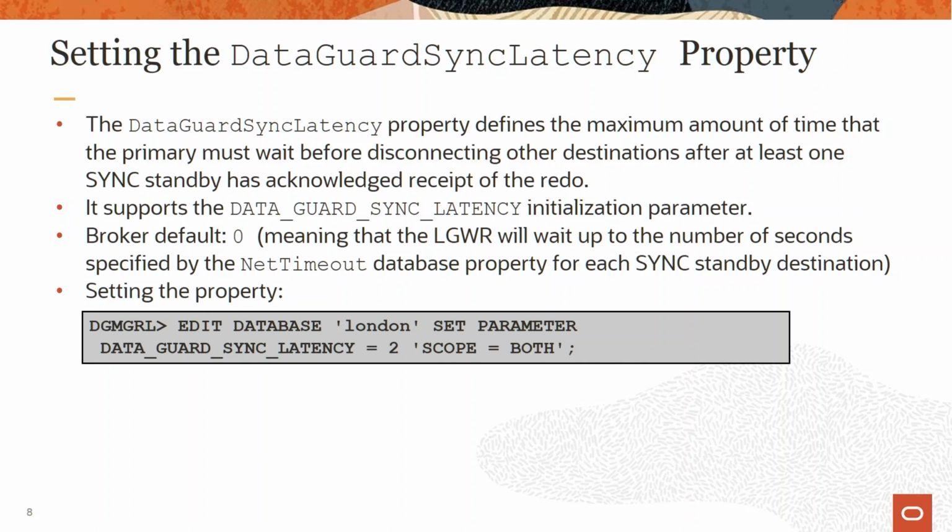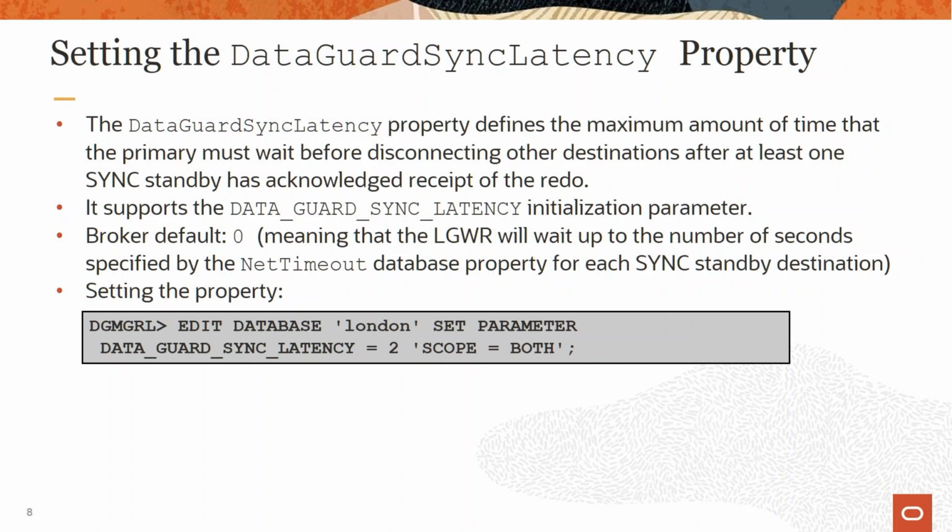The primary database waits for acknowledgement from the synchronous standby databases. If a standby database doesn't respond within the timeout, then the destination will be marked as a failed destination. So let's say in 1 second, the first standby database sends the message back.